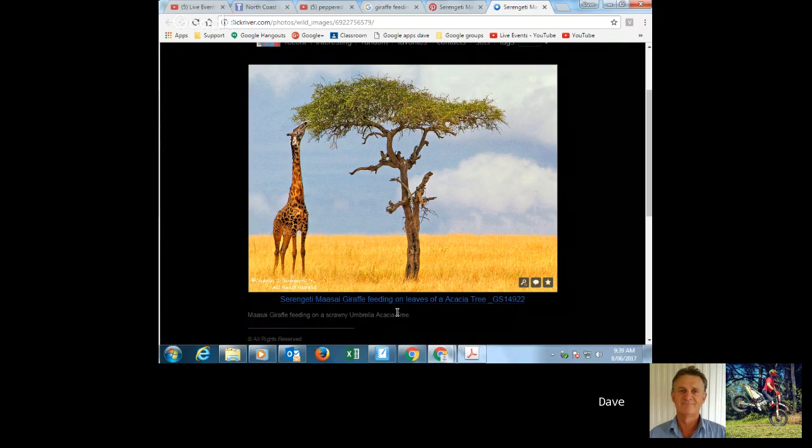I'd like you on a page to write down what are some obvious features that the giraffe has. Maybe 3 or 4 obvious features, like not just everyday features that animals have, but ones which are specifically different about giraffes compared to other organisms. So that's the first thing we're looking at, is obvious features.